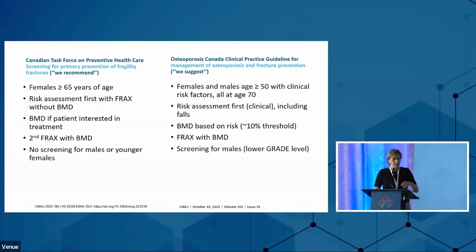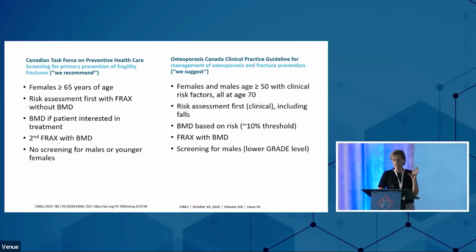The Canadian Task Force recommends universal screening only in women over the age of 65, and that no screening be done of men or of younger women. This is based on the fact that there is no strong evidence, and on the fact that family physicians are extremely busy and should not spend time doing screening in people where there's no evidence.